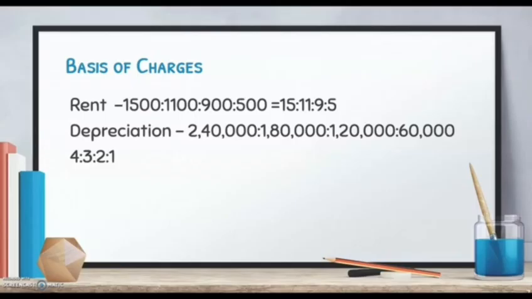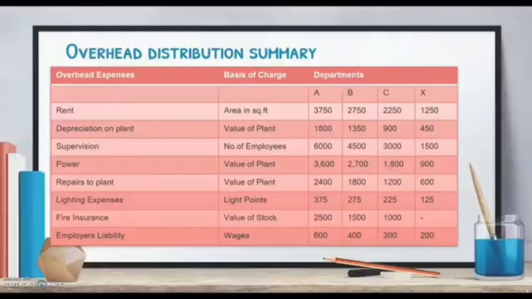With this ratio we can calculate the rent for the amount 10,000. We are going to allocate the 10,000 to departments A, B, C and also X. The rent amount is rupees 10,000, as given in our question.